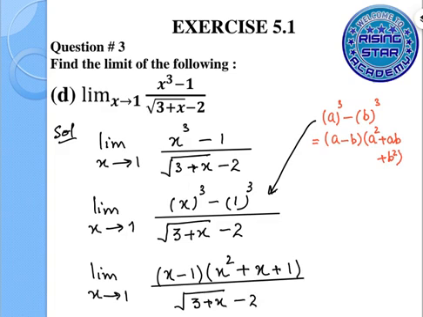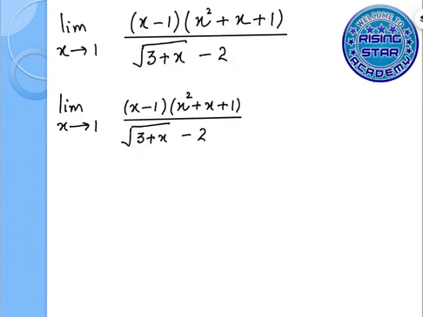And now in the next step I would apply the rationalization. So I would multiply the result with the conjugate of the denominator, that is 3 + √(x + 2) over 3 + √(x + 2).